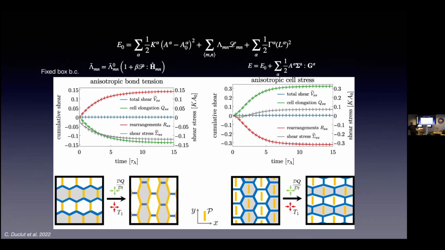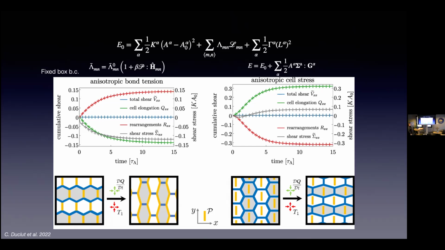So you couple some kind of in-plane polarity, or in this case the direction of the bond, with some external field, so that the bond tensions become greater if they're aligned one way with respect to the field, and smaller if they're aligned some other way.